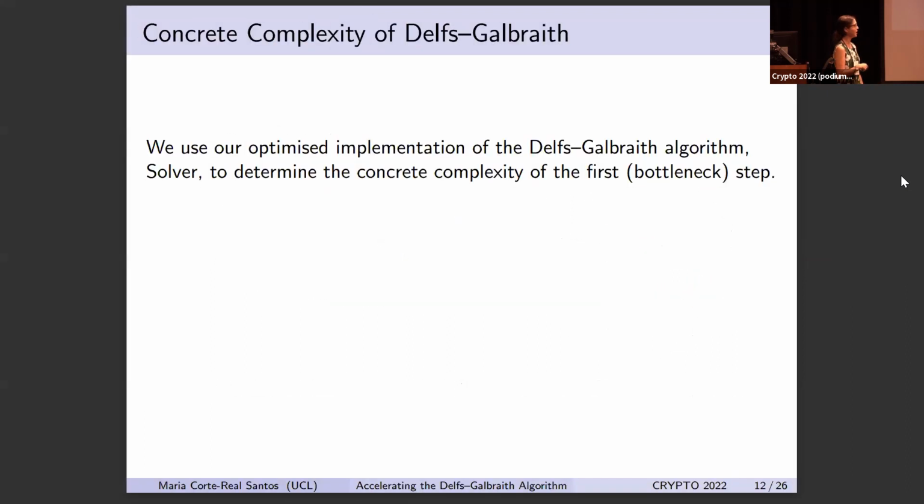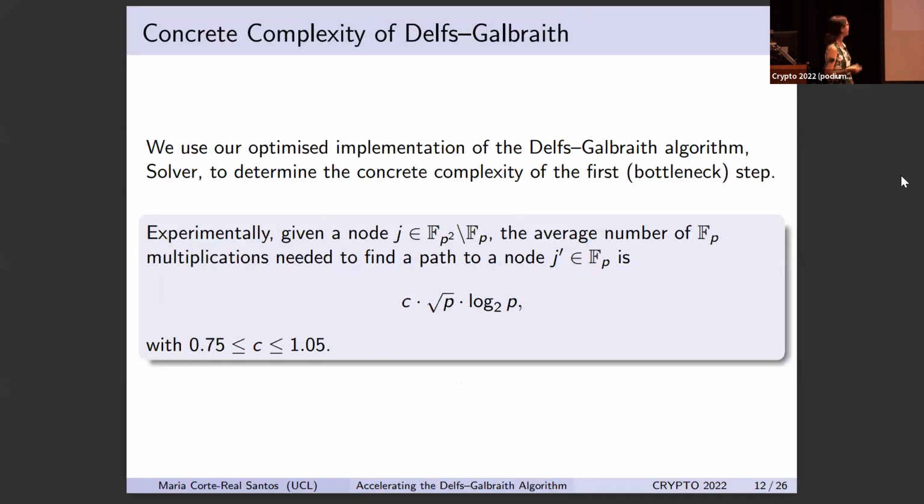We also optimized the procedure to take square roots, and things like that. But you can find more details of that in our paper. And so we found that the concrete complexity was C times square root p times a log p factor, where C is between 0.75 and 1.05.